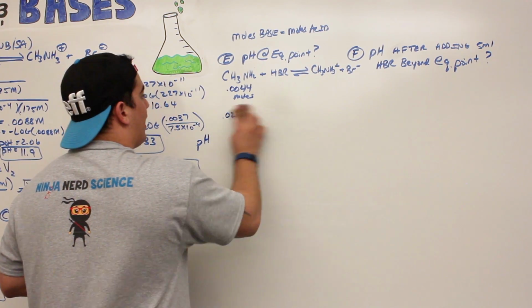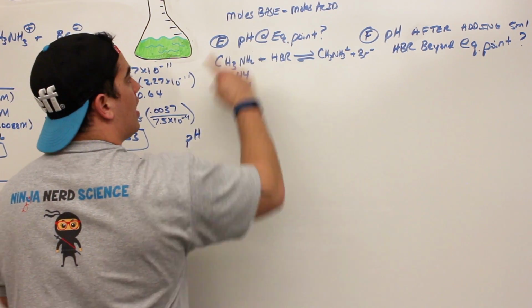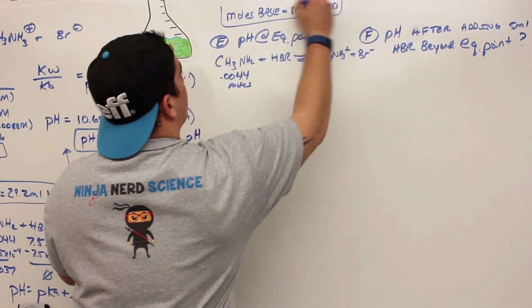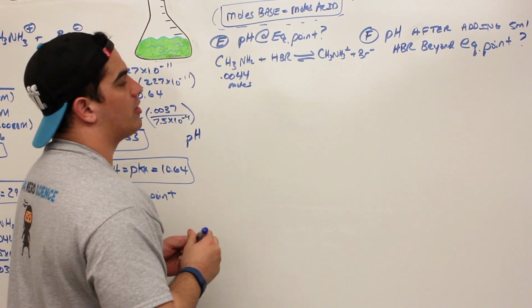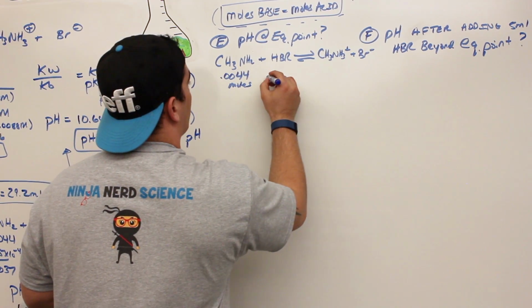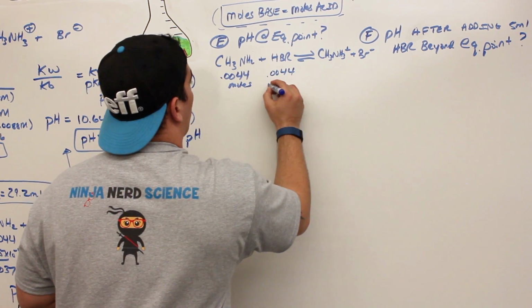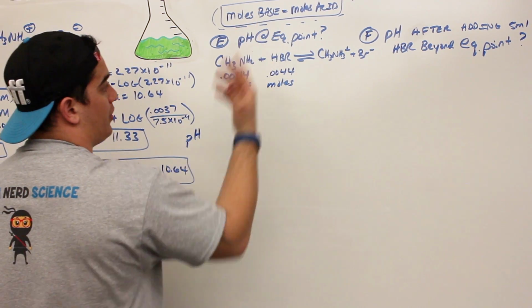Now that we know how we got that, HBr, what do we say? At the equivalence point, the moles of acid and the moles of base are equal to each other. What do I mean then? That means that this has to be equal to that also, 0.0044 moles, because that's what the concept says. At the equivalence point, these two are equal to each other.